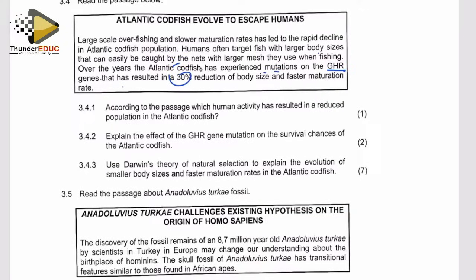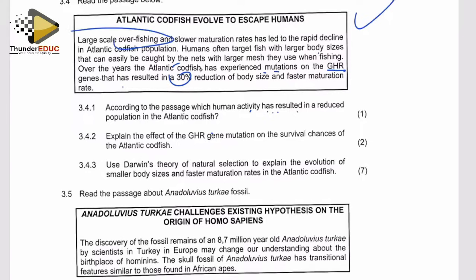According to the paragraph, which human activity has resulted in this? When we bring such a question, guys, make sure that you read the passage at least 3 times so that you're able to obtain the information which is there. According to the passage, which human activity has resulted in the decline of the population of Atlantic codfish?